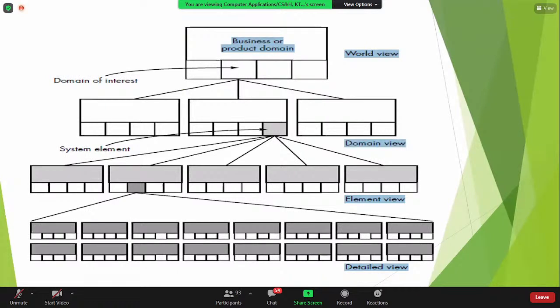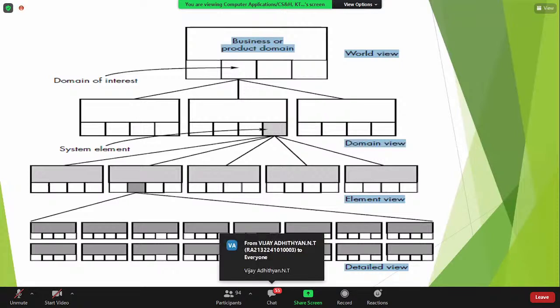The world view means simply a problem in a gist. From there, nothing more can be understood. For example, this particular department has been computerized. It's a simple thing. This is the world view. Anyone looking at that will know that this thing has been computerized. But to which domain has it been done? That is the second view. From that domain, what are the elements they have used? System elements. From the domain, it will be narrowed down further to the element view.